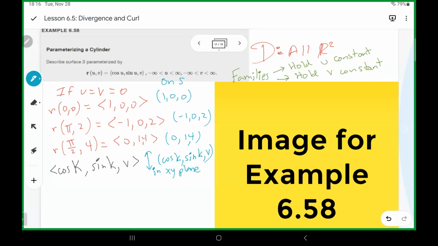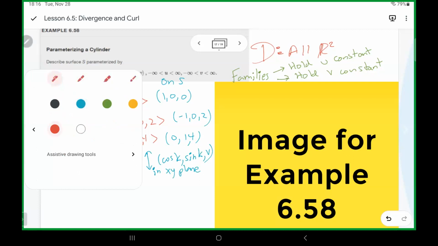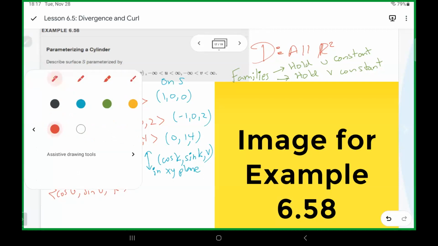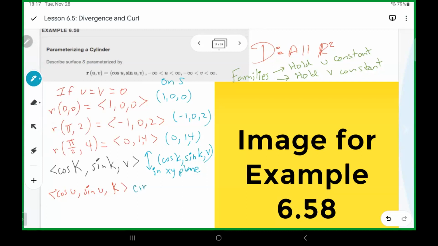All right, now suppose that v is the constant k. So you would have (cos u, sin u, k), which gives a circle in the plane z equal to k, with r equal to 1 and a center at (0, 0, k).